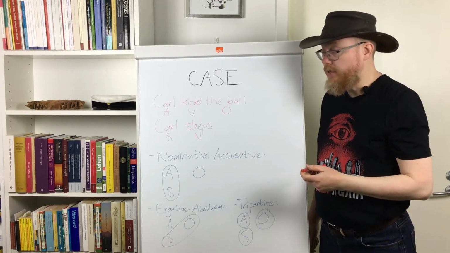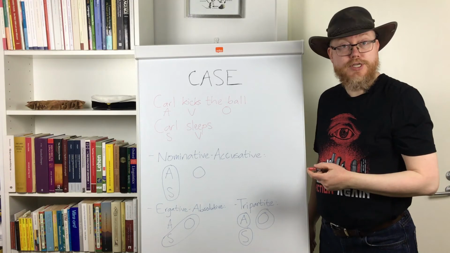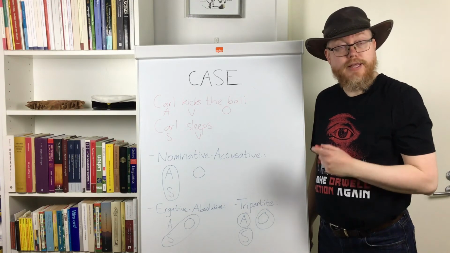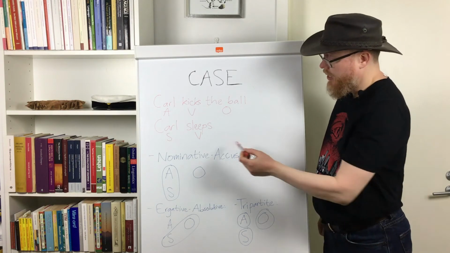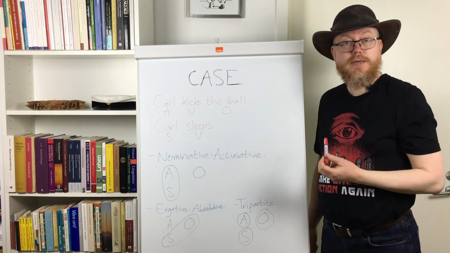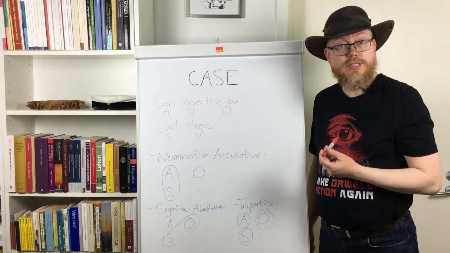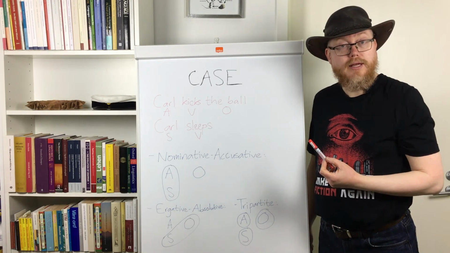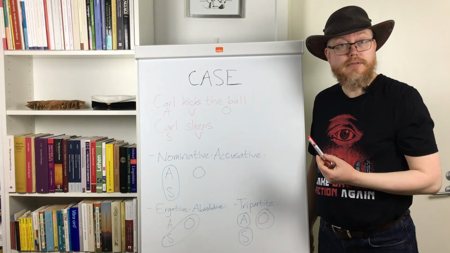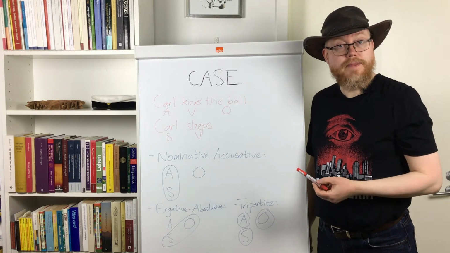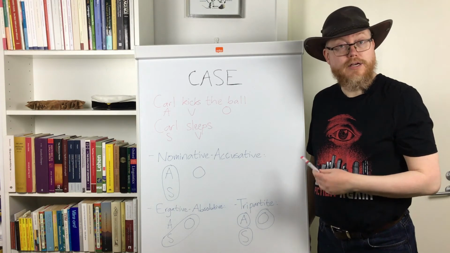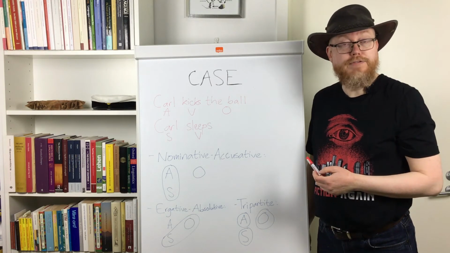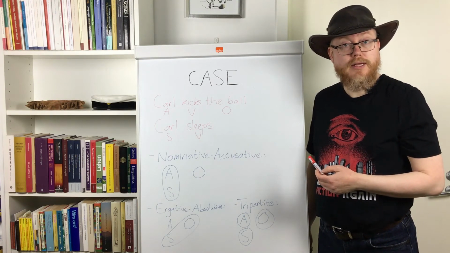In intransitive clauses, the subject is usually not acting or active in the same way. So we have Carl sleeps. This is not something that Carl does actively. He relaxes, he falls asleep, and then he continues to sleep until he wakes up again, for whatever reason.